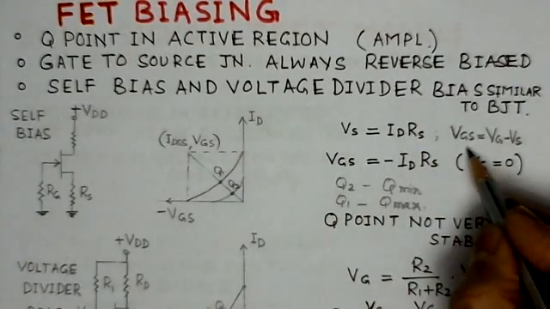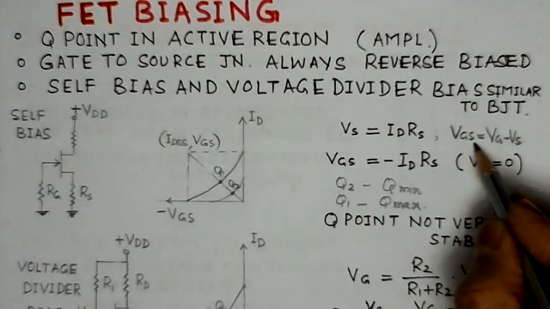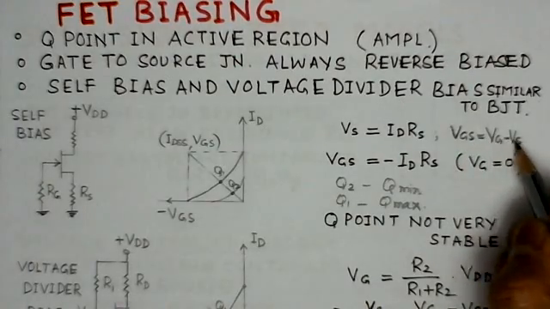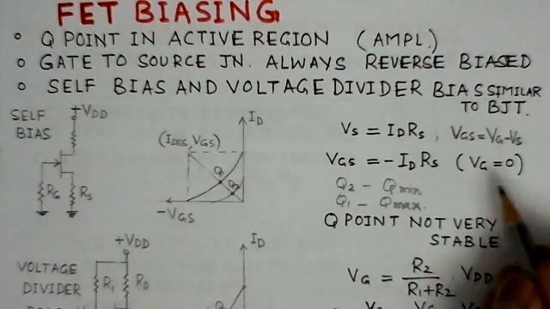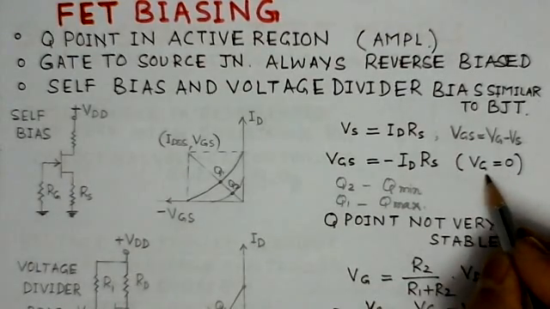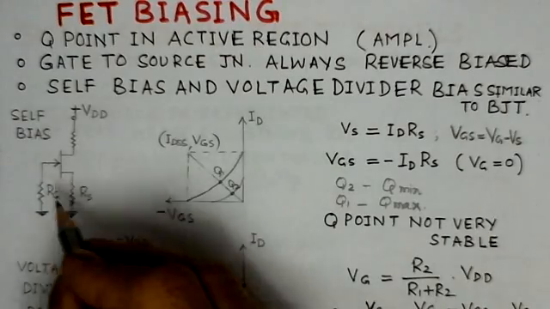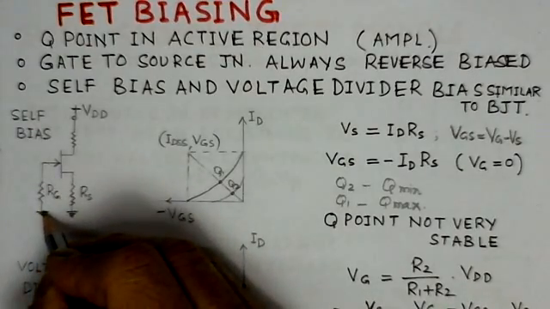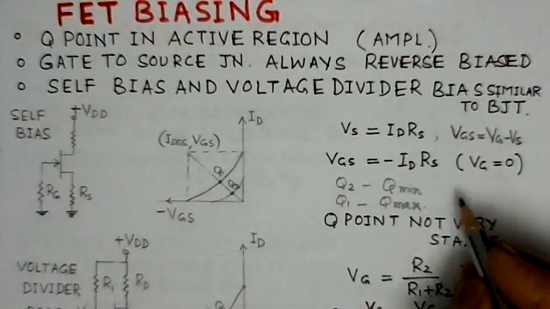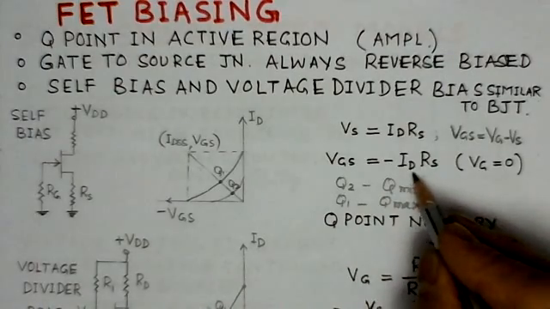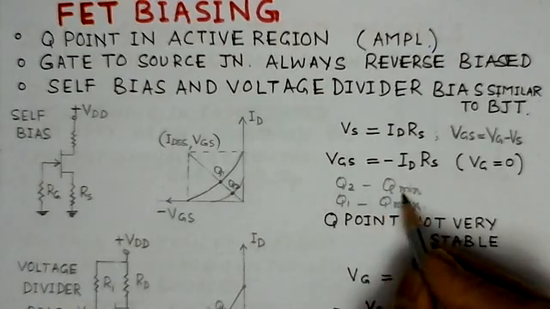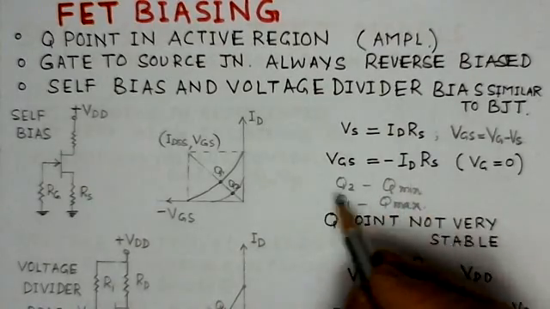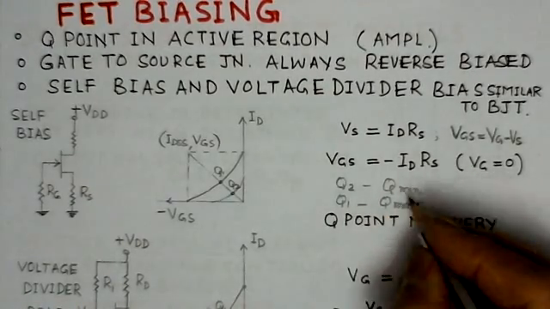We can write VGS equals VG minus VS, and here we know VG is 0 since this is a very high value of resistance. So this VGS turns out to be minus IDRS.